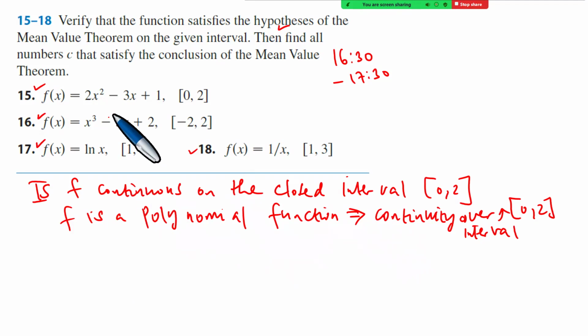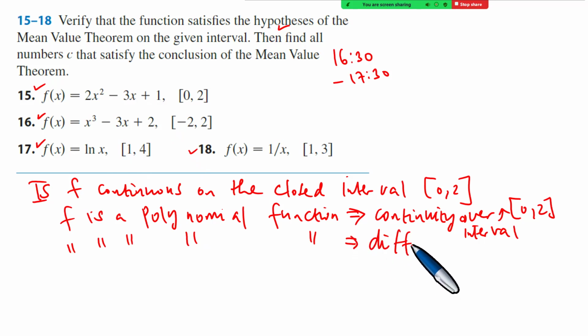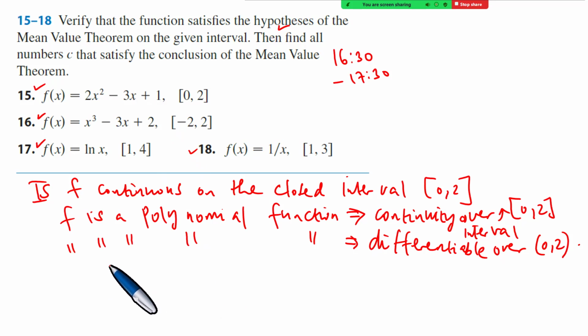Next, is the function f itself differentiable over this particular interval? We investigate this function here. f is a polynomial function, which implies that it is differentiable. All polynomials are differentiable over open intervals, and in this case, between 0 and 2.